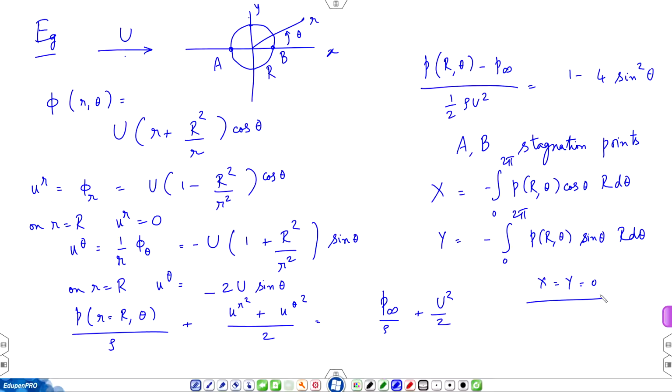These turn out to be 0. We are talking about high Reynolds numbers, which is certainly an incorrect result. So, but for flow over a flat plate, it seemed to be correct.